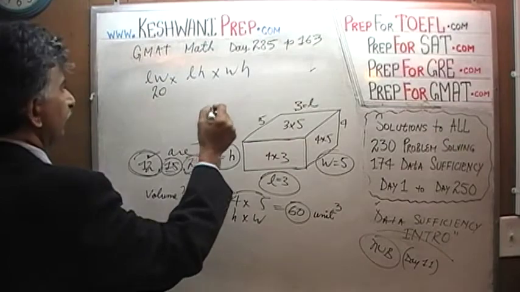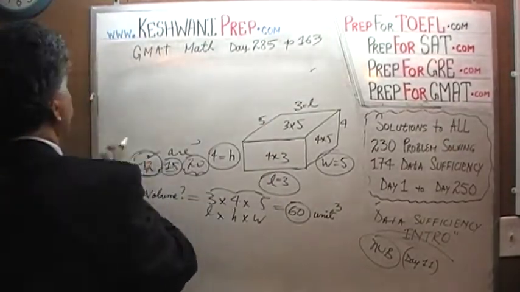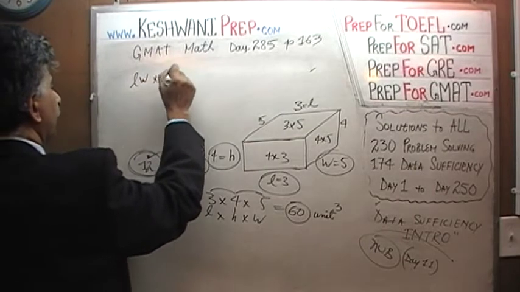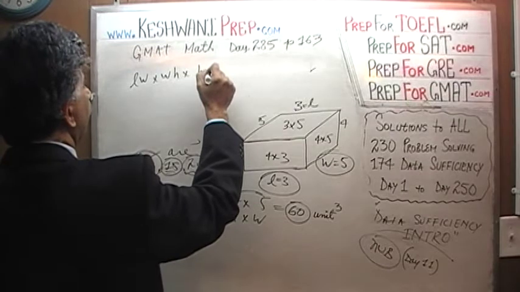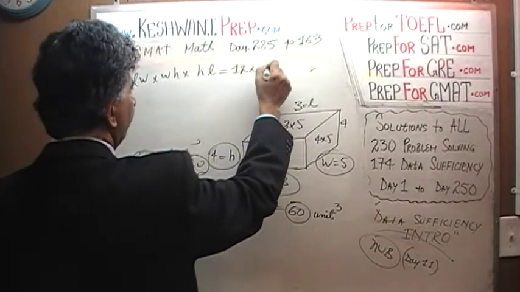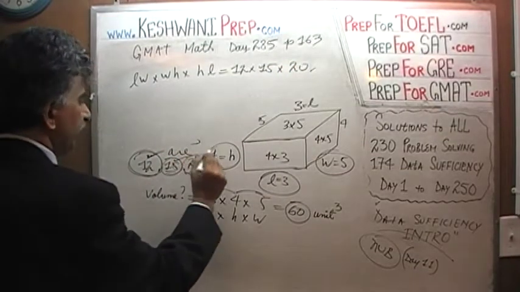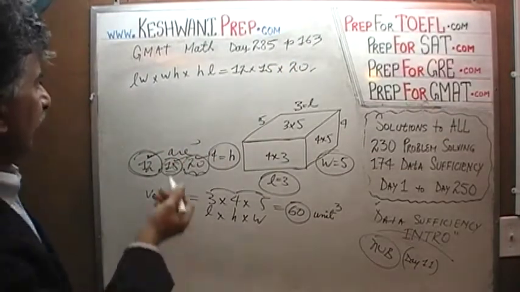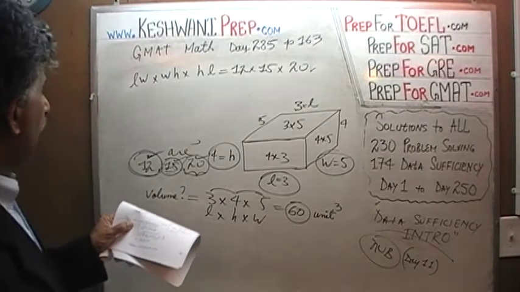And we are told that length times width, width times height, height times length equals 12 times 15 times 20, because you see these are the three faces, 12, 15 and 20. Those are the three faces, and that's what they give us. I hope I did not muck it up.